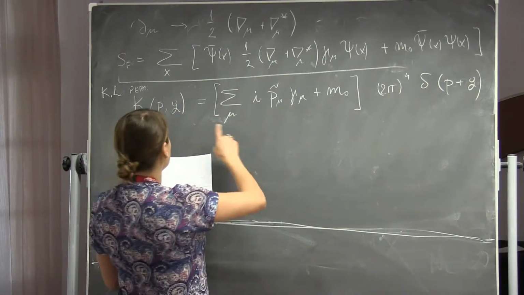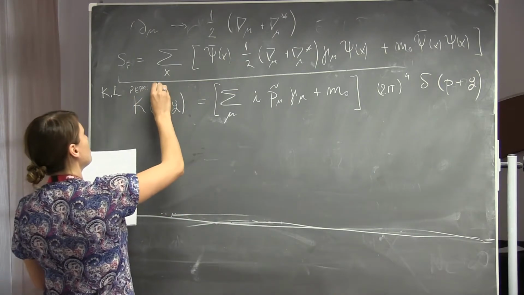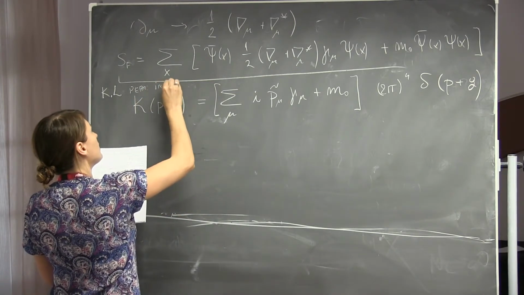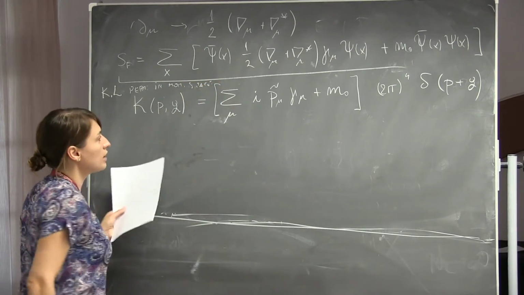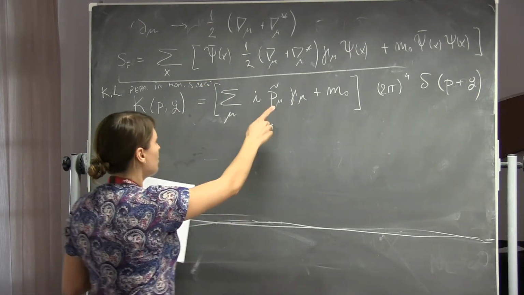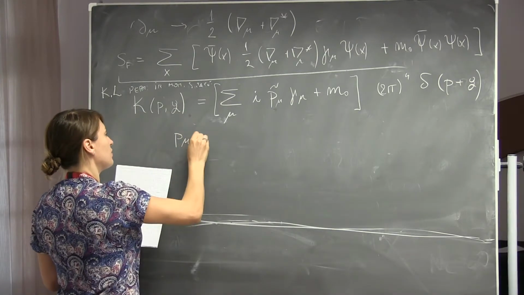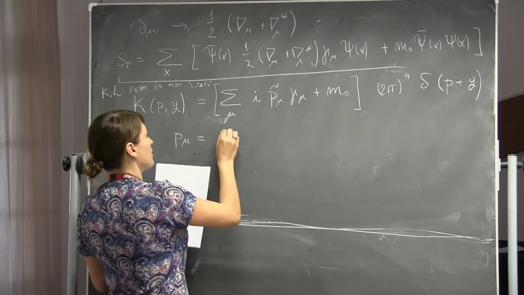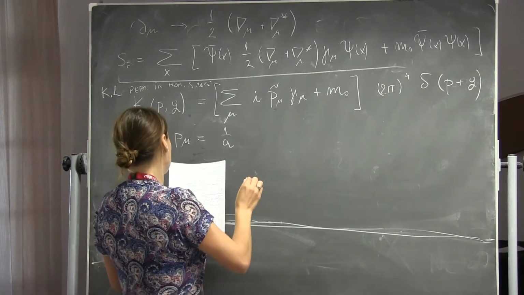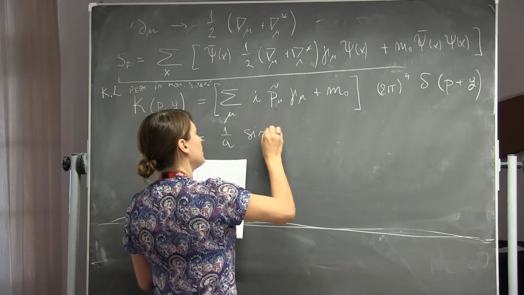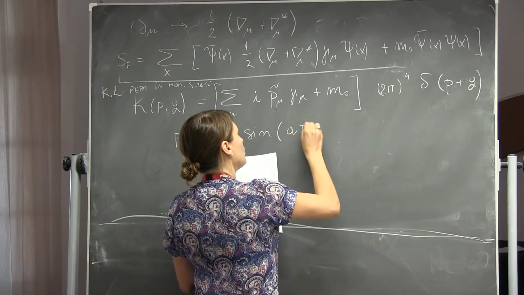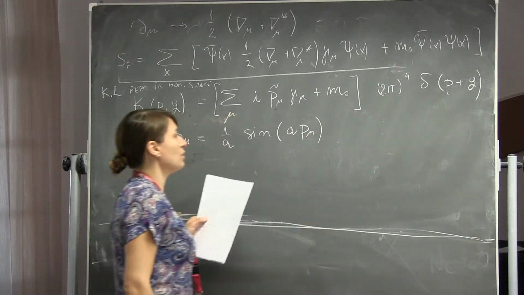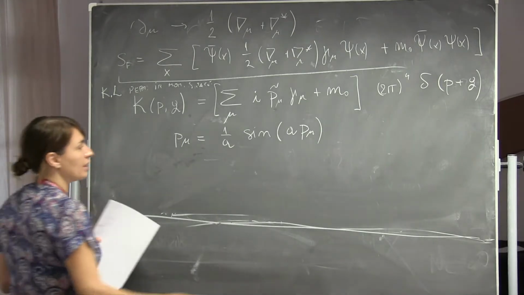So the propagator in momentum space turns out to be the following, where this pi mu is defined as 1 over a times sine of the original momenta multiplied by the lattice spacing.